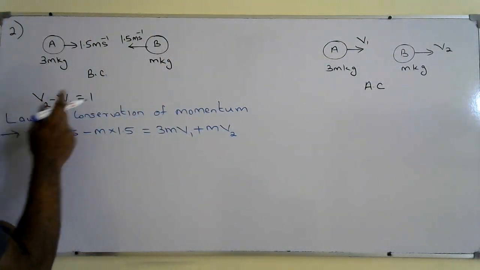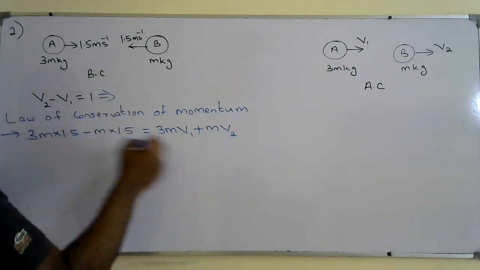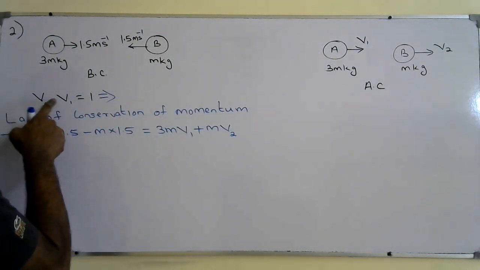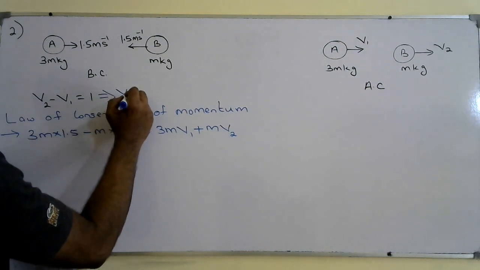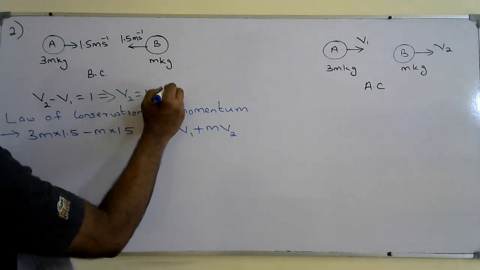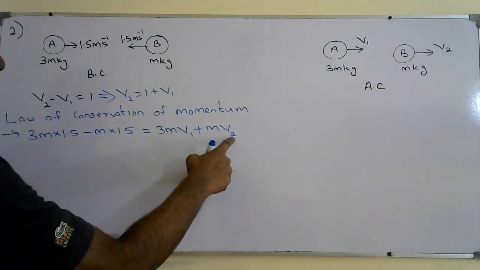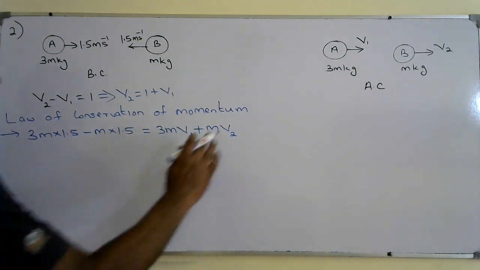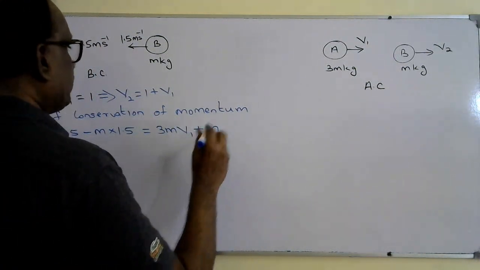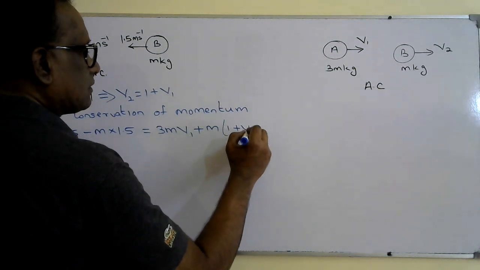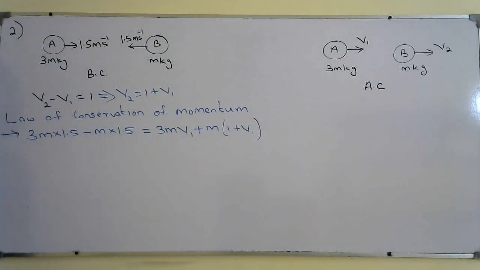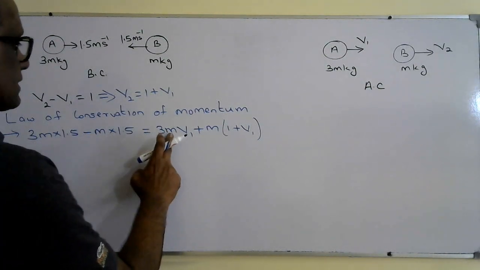So v2 could be written in terms of v1. So v2 is equal to 1 plus v1. So I can replace this as 1 plus v1. Okay, so now all the m will get cancelled, right?